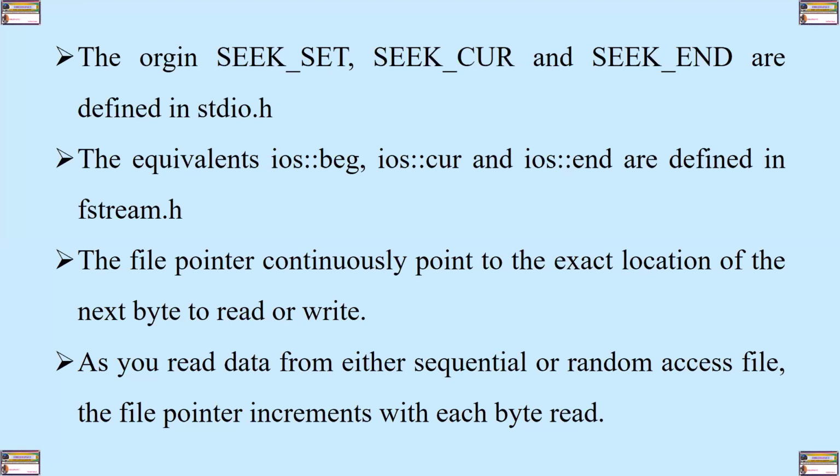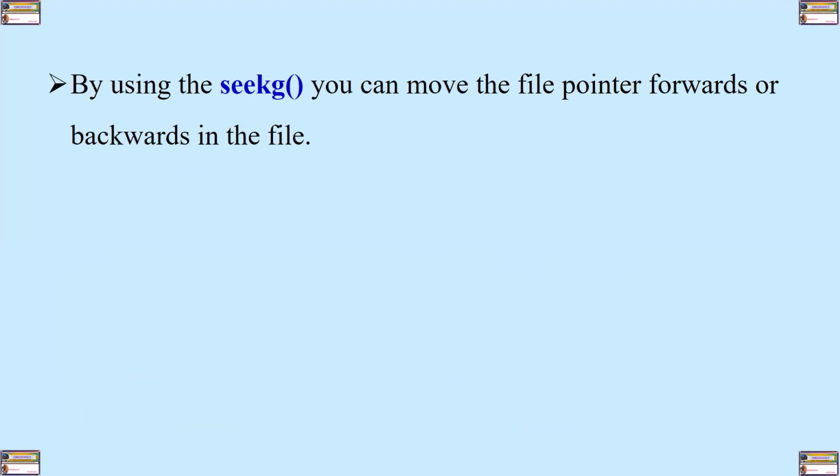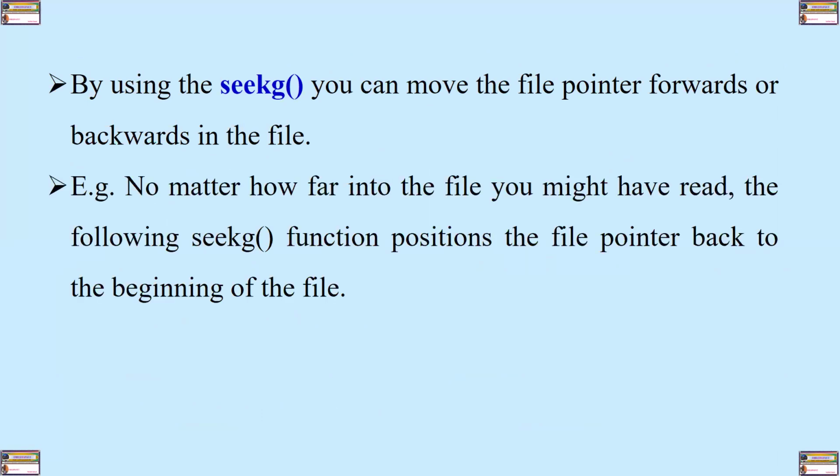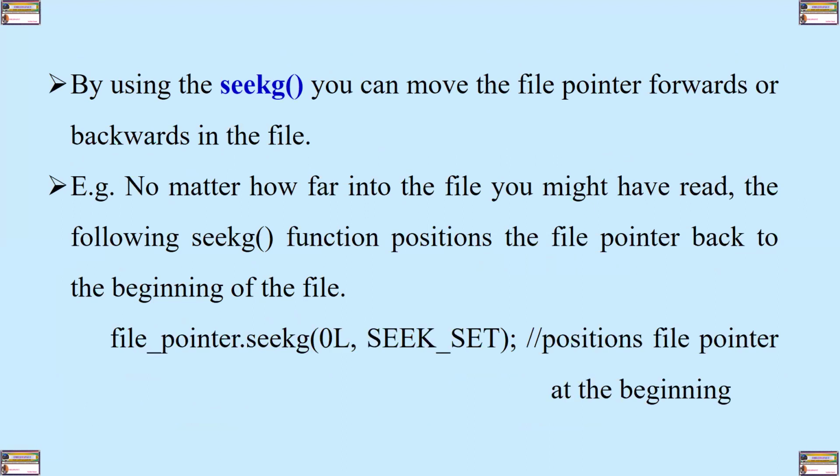As you read data from either a sequential or random access file, the file pointer increments with each byte that is read. By using the seekg function, you can move the file pointer forwards or backwards in the file. For example, no matter how far into the file you might have read, the following seekg function positions the file pointer back to the beginning of the file.